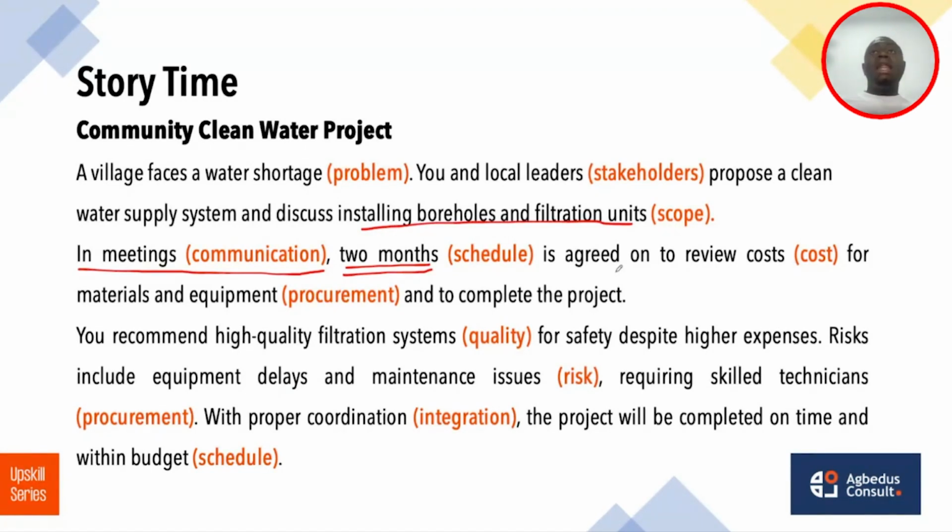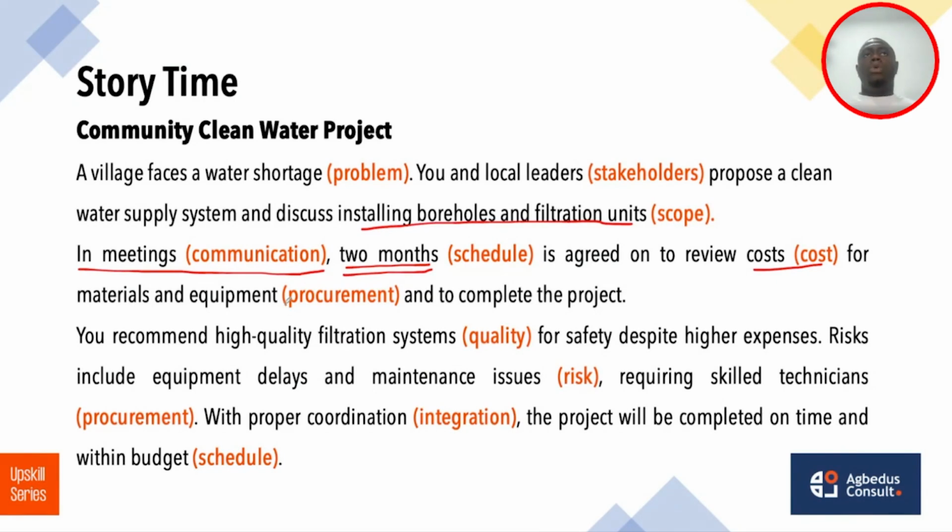Okay. Another thing is every project has a cost or a budget assigned to it. There's no free project. Even if it's free, the people who are actually performing the project will incur some debt or will use some resources that they acquired with money.